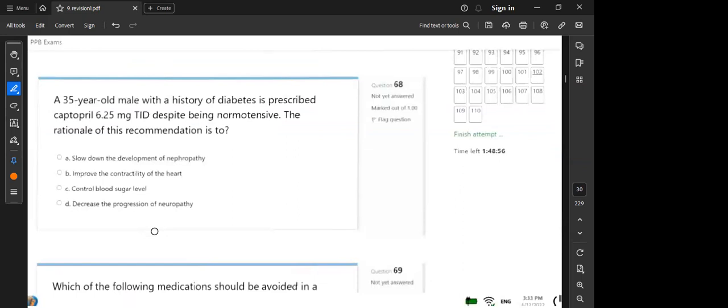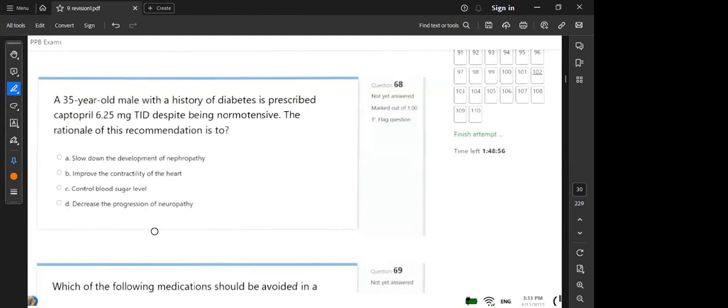A 35-year-old male with a history of diabetes is prescribed captopril 6.25 mg TID despite being normotensive. The rationale of this recommendation is to slow down the development of nephropathy, improve contractility of the heart, control blood sugar levels, or decrease progression of neuropathy. Someone says slow down the development of nephropathy.